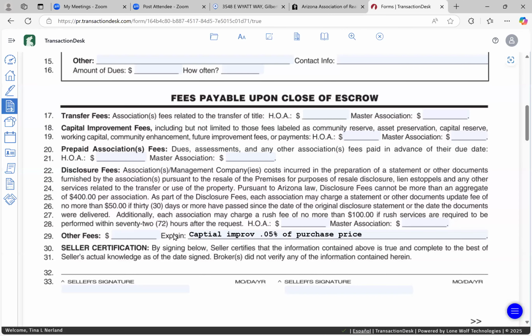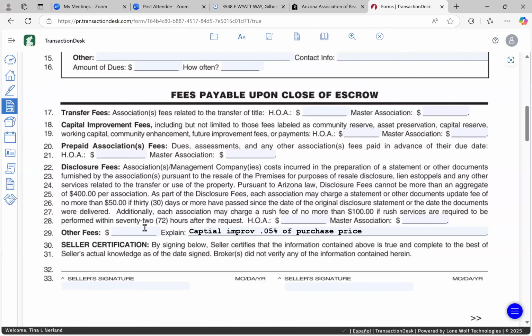But basically, what it's saying is they have a capital improvement fee that is 0.05% of the purchase price. And some people think, wait, what? That sounds crazy, ridiculously high. But 0.05% of the purchase price is not that much, but it can be costly. So if you ever see this wording on a listing, make sure your buyer understands what that's for.